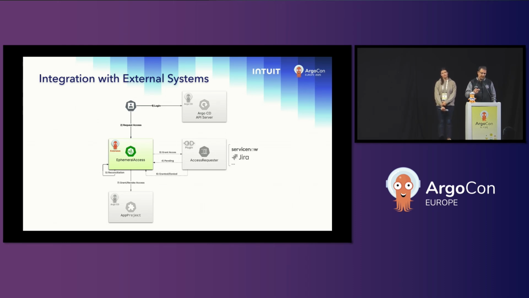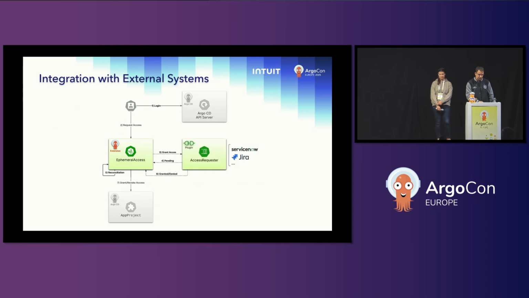The user goes ahead and has the plugin enabled, the ephemeral access extension enabled, and they click the permission button and select the option to get their access elevated. At that point in time, there is a new resource that gets created called access request, and the access request triggers the ephemeral access controller reconciliation loop, okay?